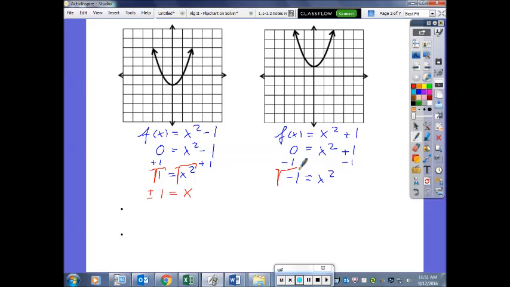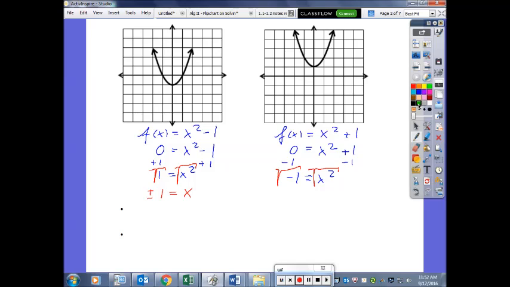Take the square root of both sides. Uh-oh. And here you see you got the square root of negative 1. And up to this point, we have always said that there is no solution for the square root of a negative number. And indeed, there isn't a solution in the real number system.